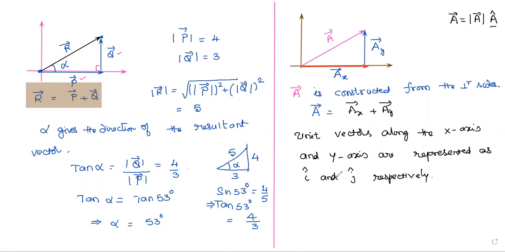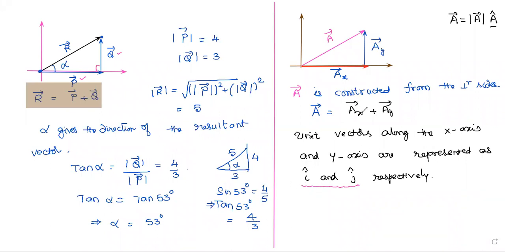A unit vector should be represented with any one alphabet, so for my convenience I am taking I and J. Later on, if you see I cap and j cap in questions, you can easily understand that I cap is the unit vector along the x-axis, and j cap is the unit vector along the y-axis. This is just for our convenience.